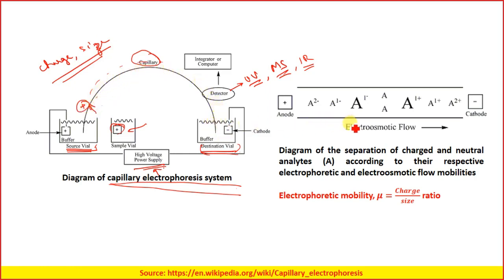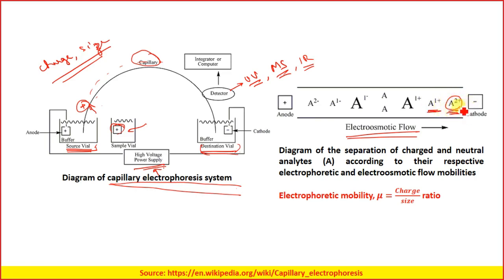In a typical way, consider the electroosmotic flow. If you have two atoms of similar sizes, say A1 plus and A2 plus, what would happen?